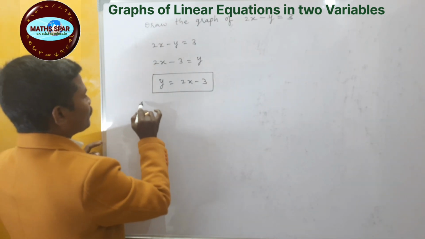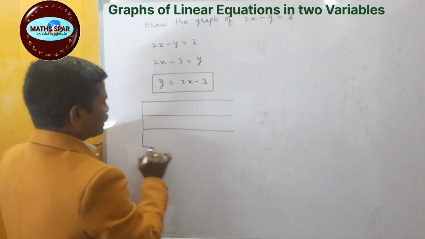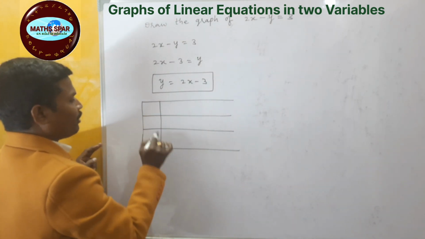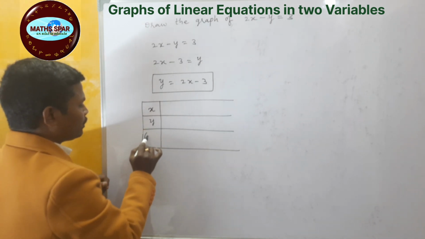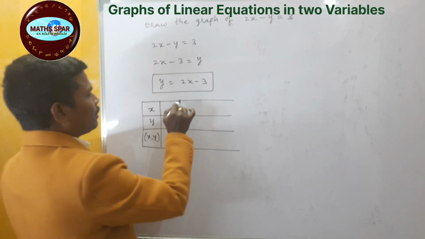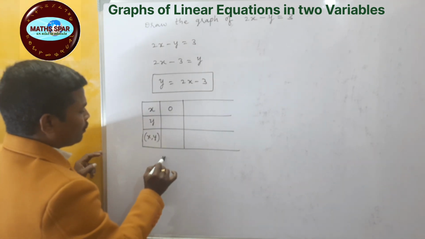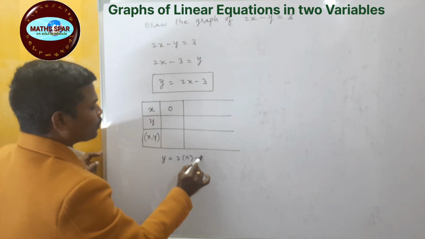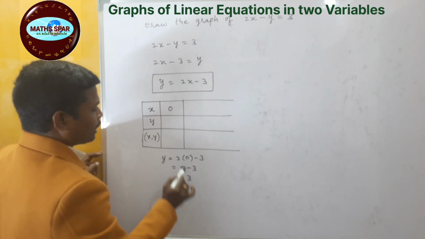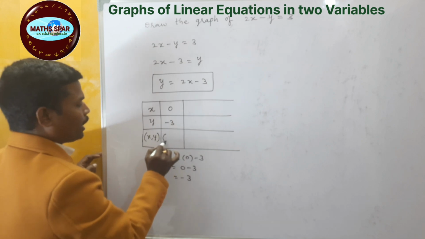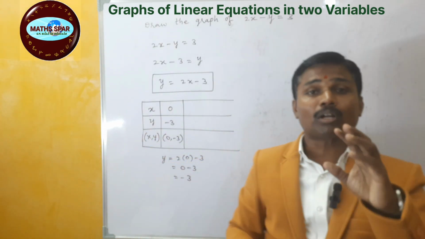Now I will prepare a table like this, where I take x, y and x comma y. If I take x as 0, then y is 2 into 0 minus 3, that is 0 minus 3, which is minus 3. So the point is 0 comma minus 3. Now here you have to learn one more thing.